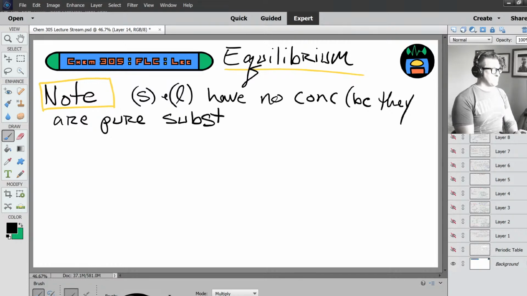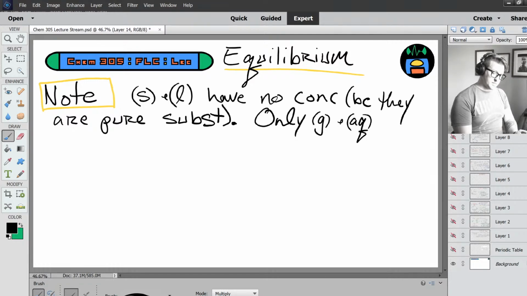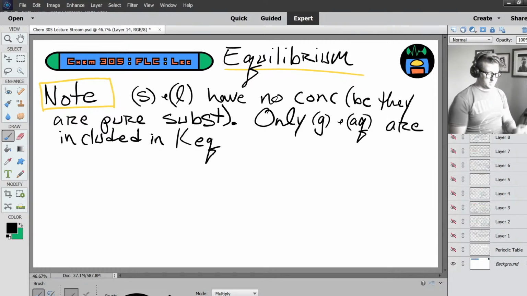Right? They're not mixtures. They're pure substances. So, as a result, only gases and aqueous reactants or products are included in the equilibrium constant.